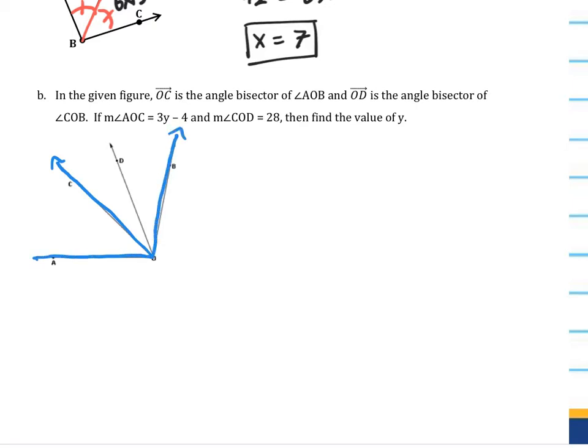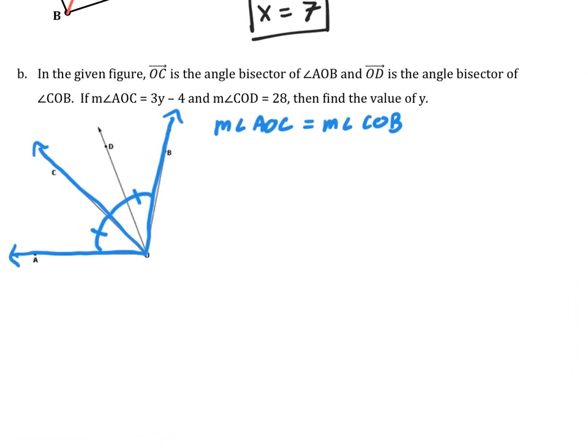So that is our angle bisector of that large angle, which means these are our two congruent angles here. Let's write down real quick what that means. That means that the measurement of angle AOC equals the measurement of angle COB.